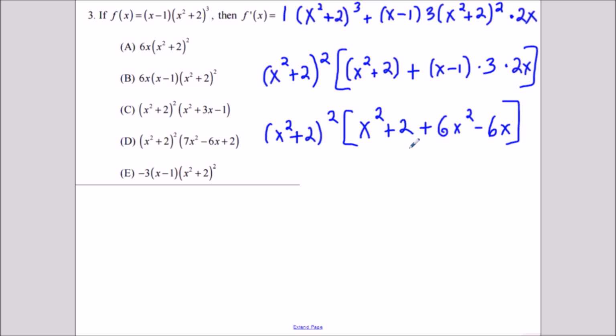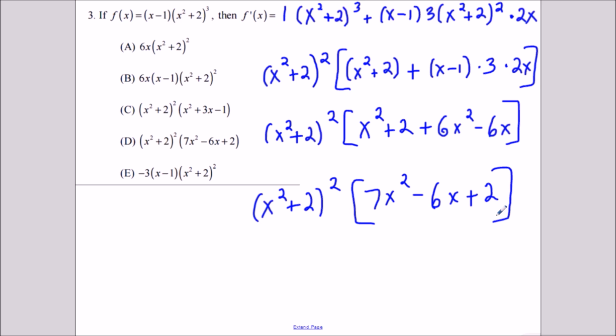Then all we need to do is combine like terms, and we're done here. We're going to have x squared plus 2 squared times, and if we do 6x squared plus x squared, that's 7x squared. We'll have a minus 6x and a plus 2. So for question 3, this is going to match choice D.